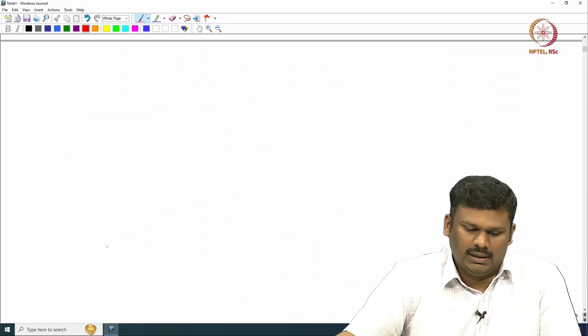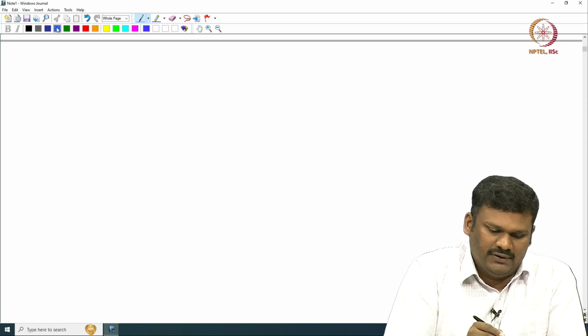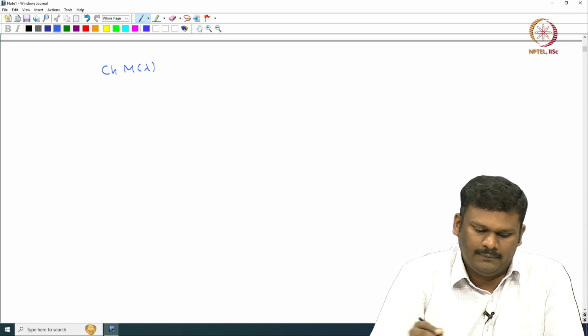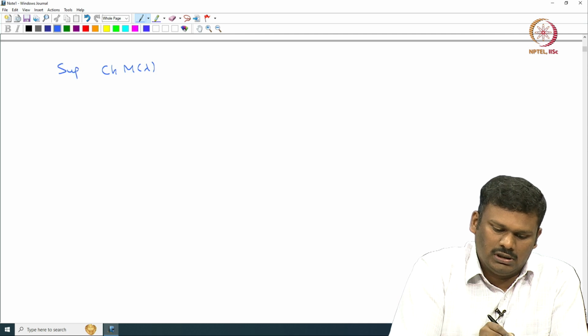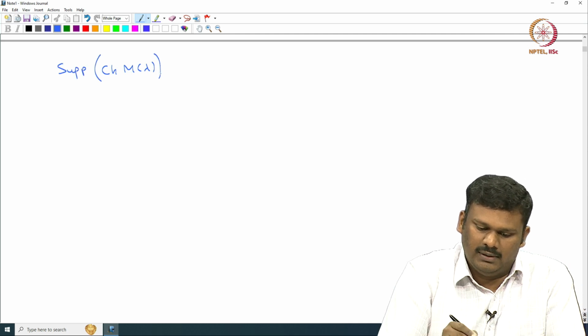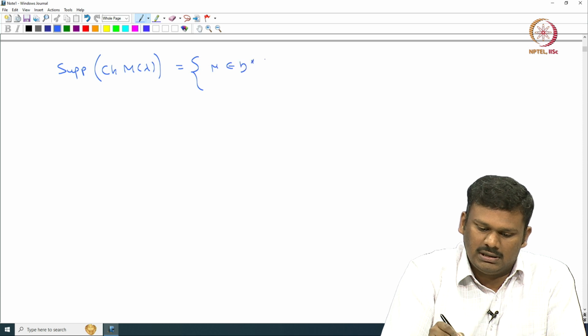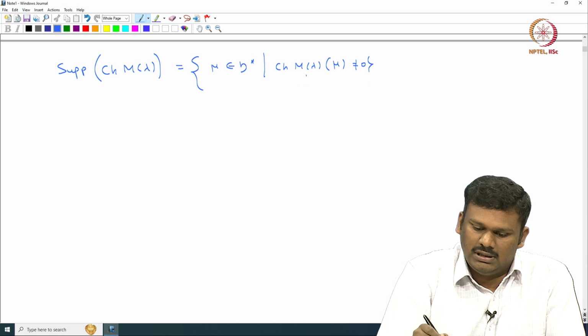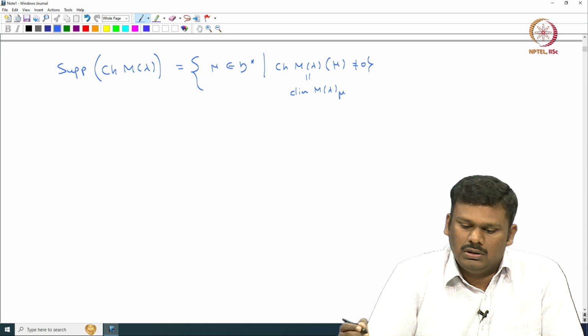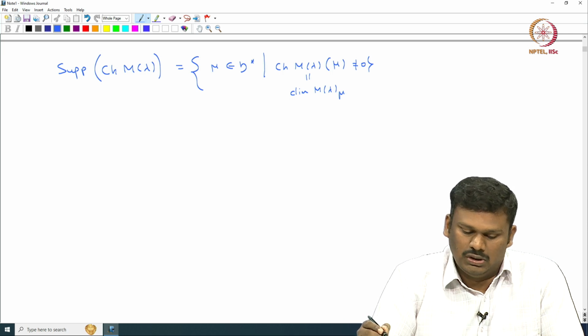So, now recall that with this definition, the character of m of lambda satisfies the following property. If I look at what is called the support of the character of m of lambda, which is those mu inside H star such that the character of m of lambda at mu is not 0. In other words, this is nothing but the dimension of m of lambda mu. So, those multiplicities which are non-zero.